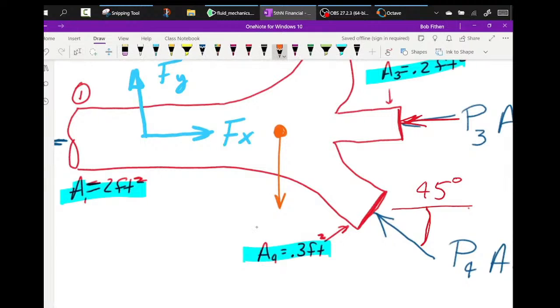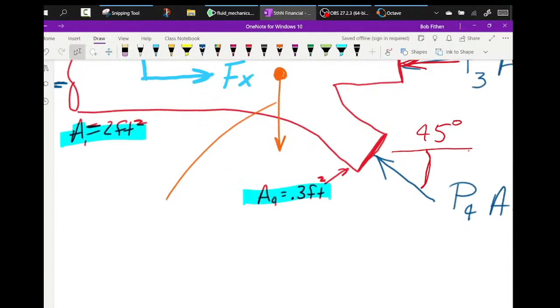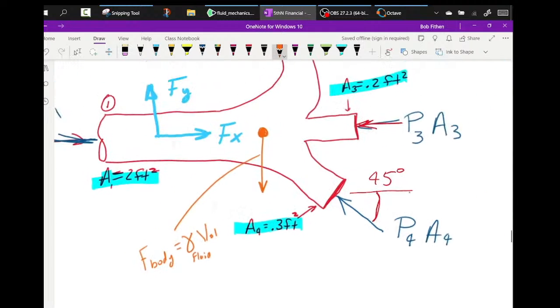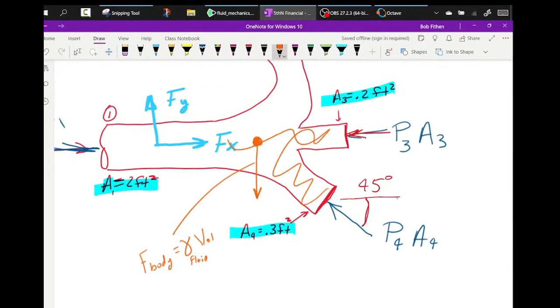Let's say we had this. Let's say we had a particular force due to the body. What is that? That's nothing more than the gamma of the fluid and the volume inside of this. That's all it is.